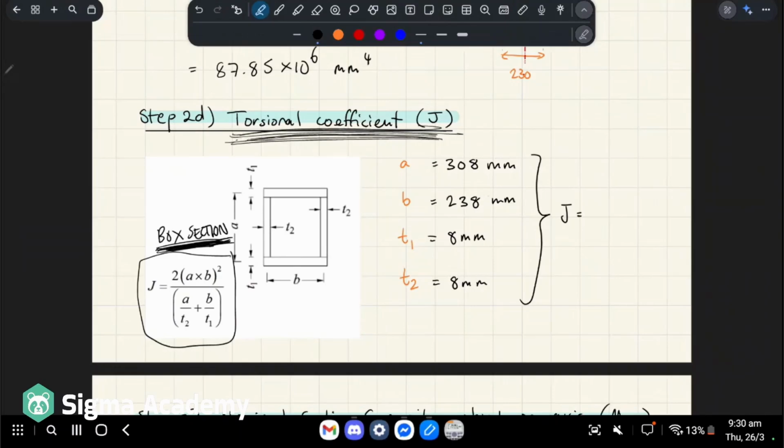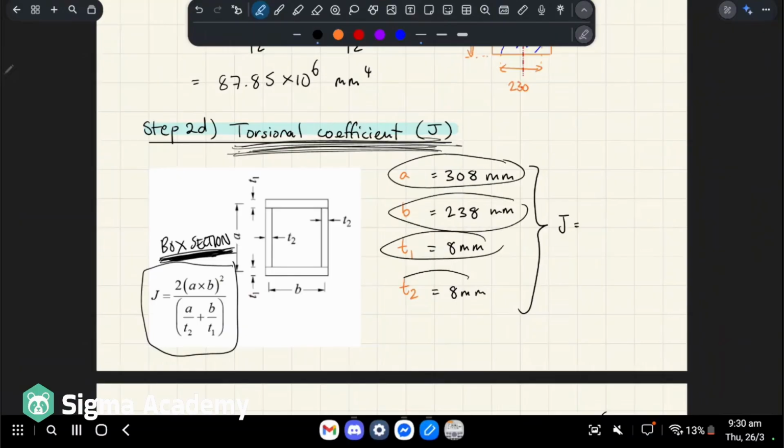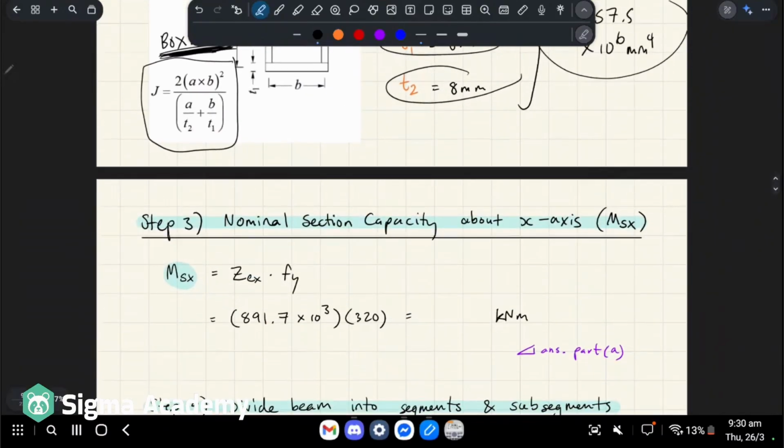This will be either given to you as a formula directly, or they'll just give you the J value because there's like a bazillion different combinations. It's not something that you're expected to memorize, right? So anyway, we plug in all these values for J, and we find J is equal to this. Okay, so that's our torsional coefficient.